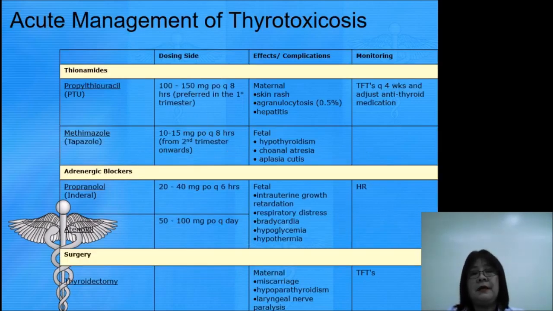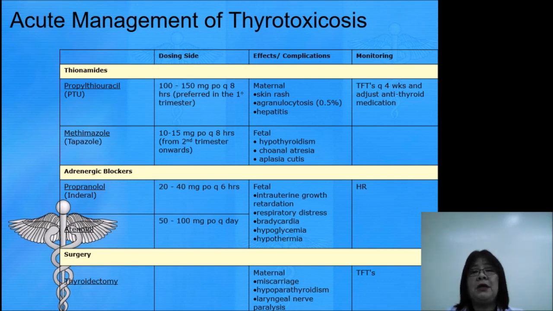Comparing propylthiouracil and methimazole, if you look at the side effects during the first trimester, if you give methimazole, the baby will develop hypothyroidism, choanal atresia, and aplasia cutis. Thus, it is recommended that methimazole should be given during the second trimester onwards.